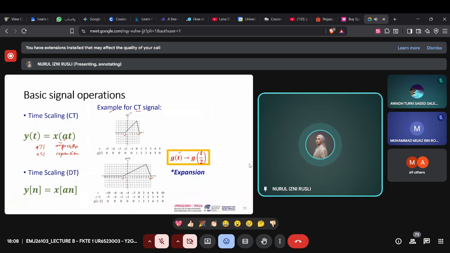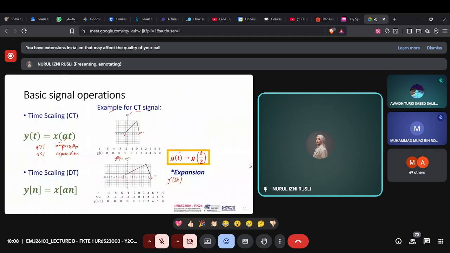Whenever you do time scaling for g of t over 2, you could imagine that your new function, g prime, is going to be 2t. So that's why you need to multiply the t with 2.